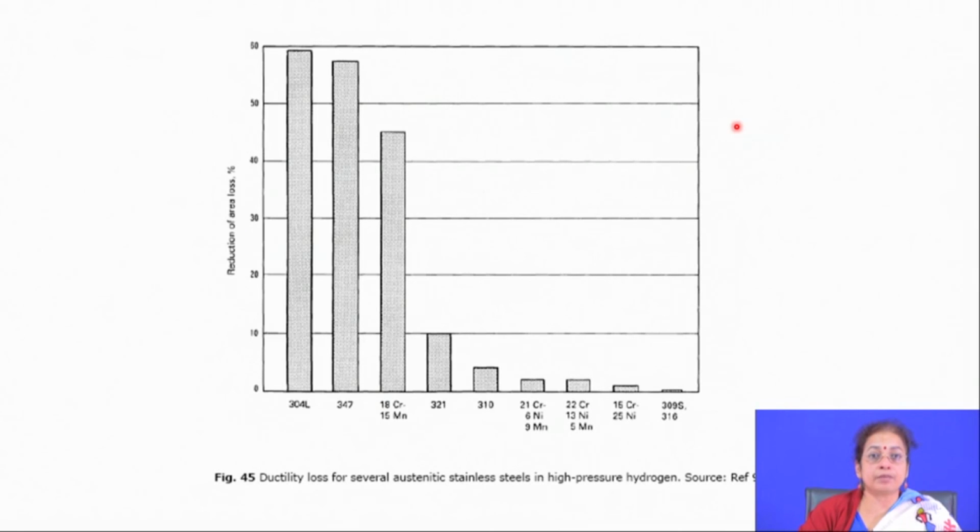There are several inhibitors available which take away the hydrogen from the environment. So inhibitors play a very important role in changing the environment, and you have to use the proper inhibitor. Also you have to toughen the component or change the composition so that it does not undergo any cracking in the presence of hydrogen, and you have to be very careful in using the proper processing technique so that there is no chance of hydrogen generation in that processing.